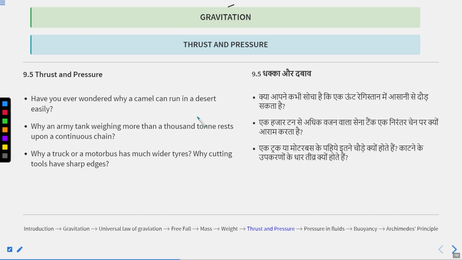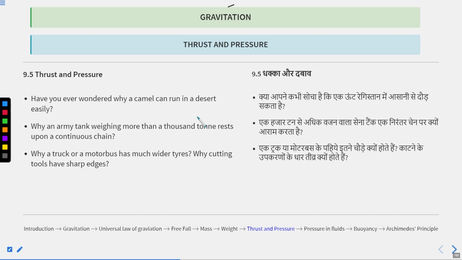Have you wondered why a camel can easily run in a desert but you cannot? Why does an army tank weighing more than thousands of tons rest upon a continuous chain? Whenever you see an army tank, its wheels are different. A chain is going around the wheel, and that's how the army tank moves, and the weight of any army tank is more than 1,000 tons.